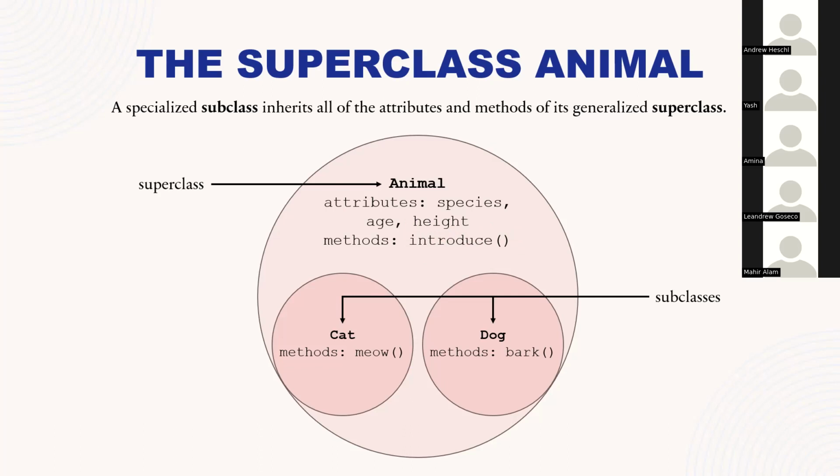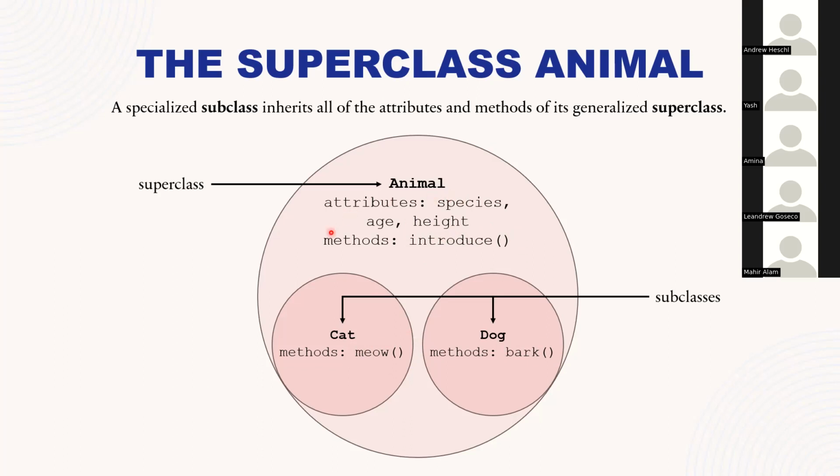Okay, objects of type cat support the meow method, and objects of type dog support the bark method. Since cat and dog also inherit everything from the class animal, cat and dog objects also have species, age, and height as instance attributes, and they support introduce as an instance method.